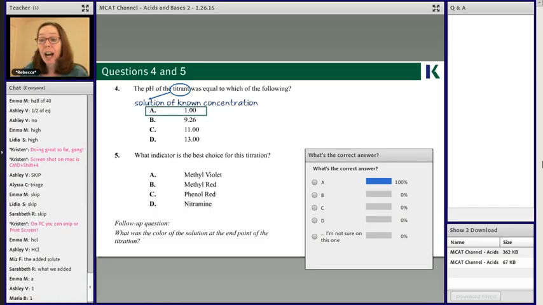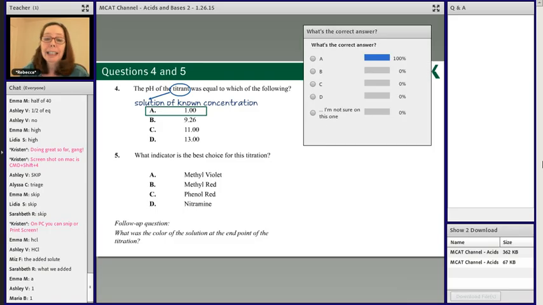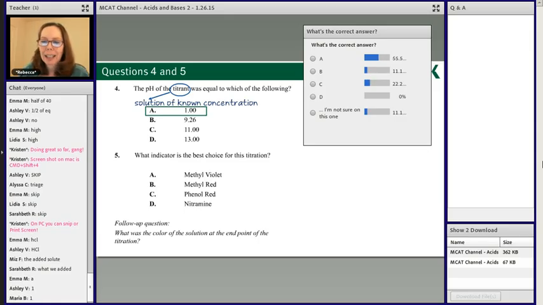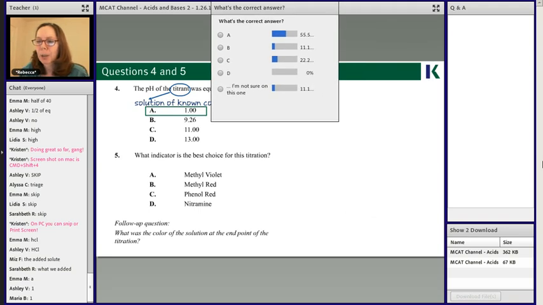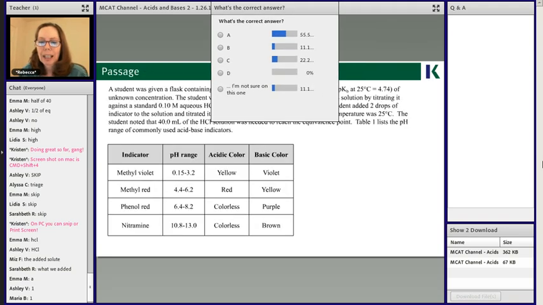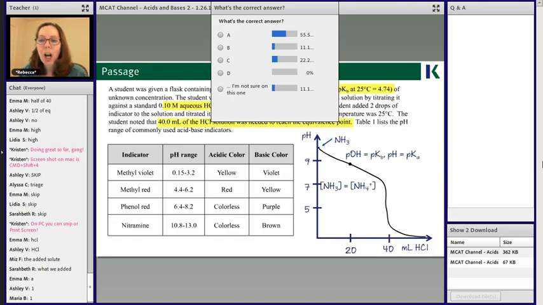Okay, and then the final question, which indicator was our best choice? Well, let's see. I'm going to jump us back and very, very briefly take a look at our passage. There it is, and show you a couple things about it. There's our curve.